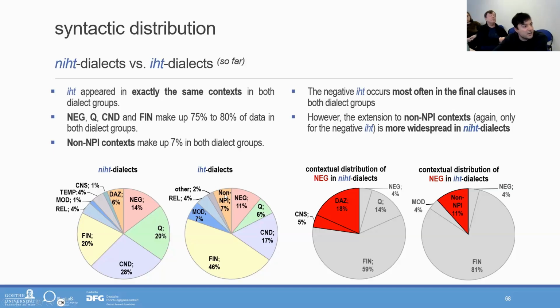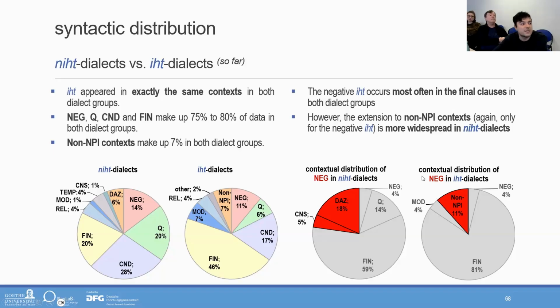So these, in the last part of the study, were called non-NPI contexts. Here they're separated by das and consecutive sense. And again, here you can see that it was only used with a negative semantics in both dialect groups within the non-NPI context. But surprisingly, this use has spread to more different dialects, let's say more in niht dialects than in the ich dialects.